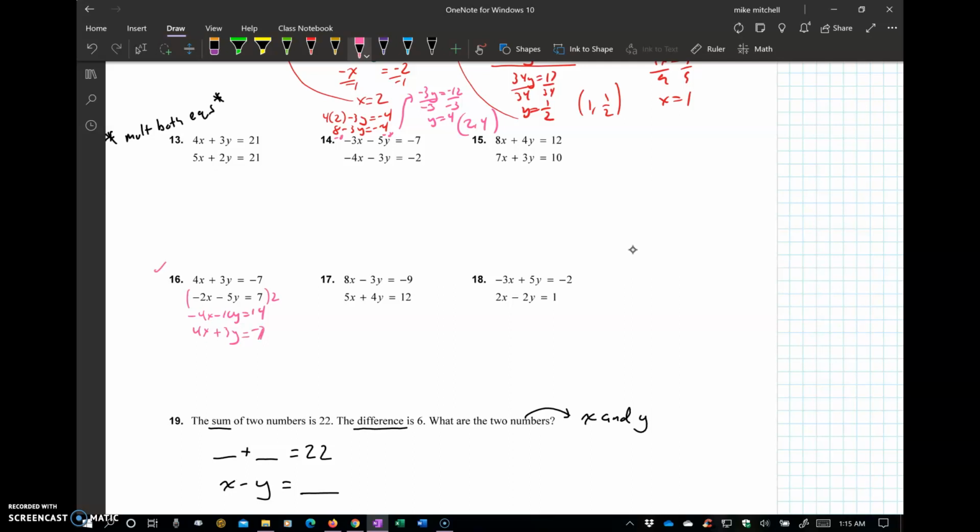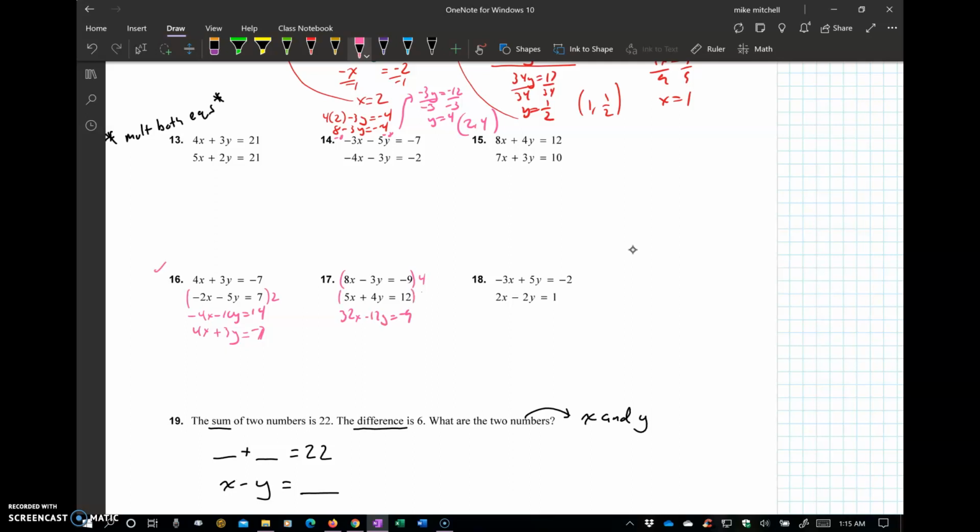Number 13. You know what? I've already got a negative. I've already got a positive. 3 and 4, the least common multiple is 12. I'm going to multiply this one by 4. 32x minus 12y equals negative 9.